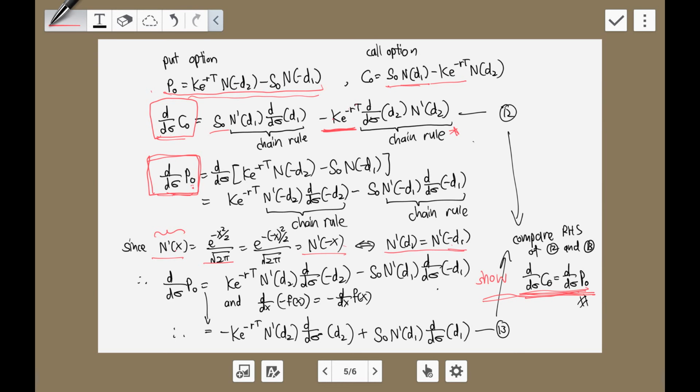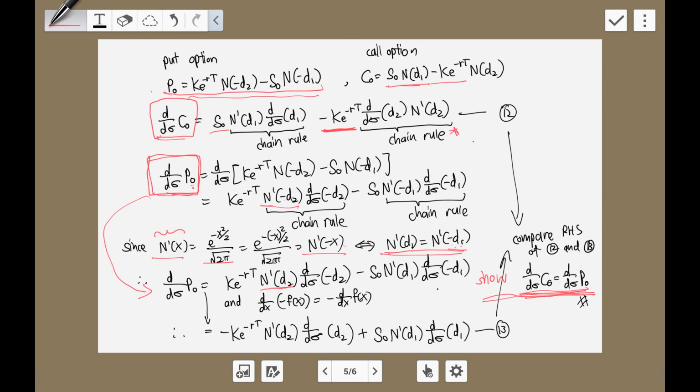So N prime of minus d2 would be the same as N prime d2. These two would be the same because of this formula.